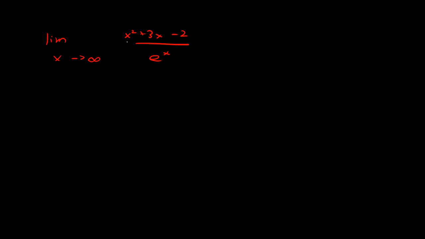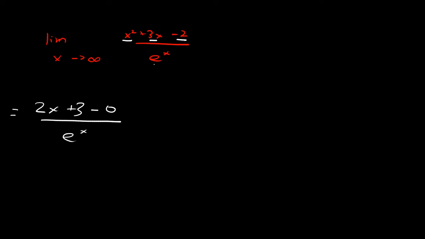In my differentiation video, we discussed breaking this up into monomials, so let's do that again. Differentiating x squared, we get 2x. Differentiating 3x, we get plus 3, and the derivative of any constant is just 0, so we can do minus 0, over e to the power x.